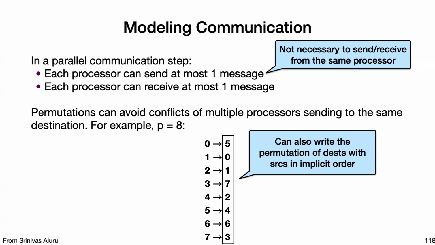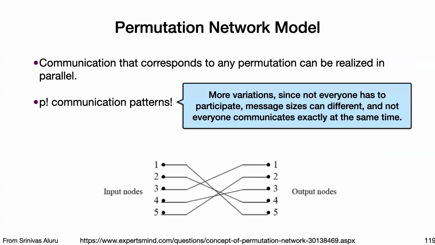Assuming that everybody is sending only 1 message, this entire permutation can happen in 1 time step, assuming that they're all connected to each other. So permutations are a nice way to avoid communication bottlenecks.